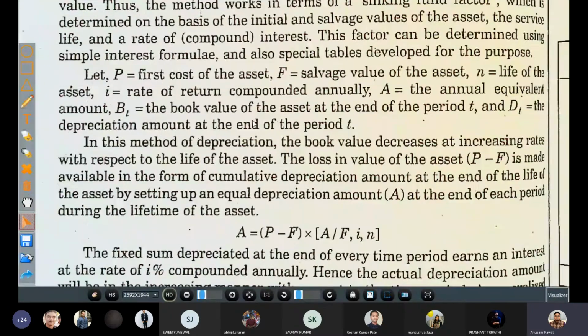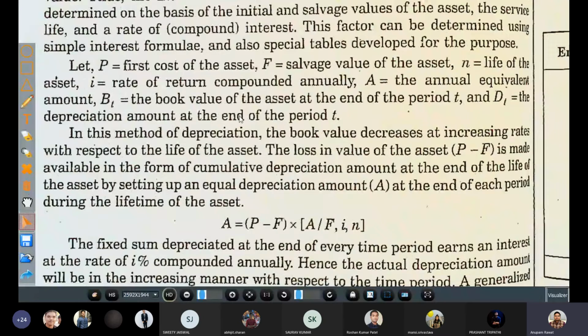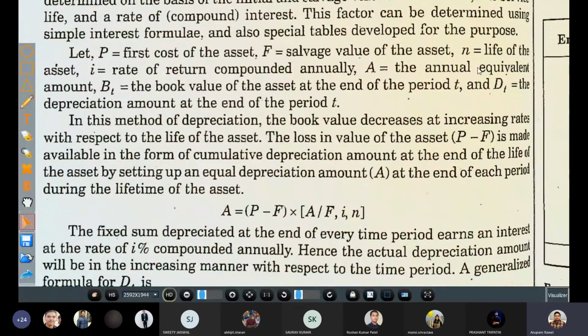So let us consider P is the initial cost, F is the salvage value, N is the number of years, and I is the rate of return, compounded annually. A is the annual equivalent amount.